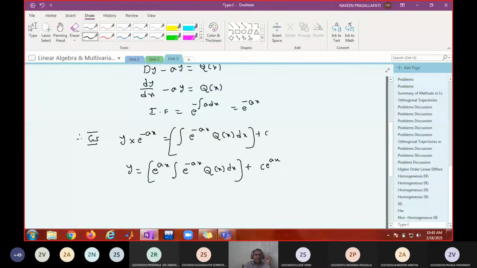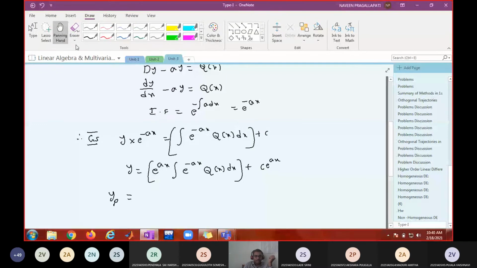Yes, sir. Now what I want, do I want the general solution? I just want a particular solution. I just want to pick one solution. What could be the simplest form of that solution? Give one value to c. If you give different values to c, you will get different particular solutions. Pick one particular solution. So what value can I give to c? 0.